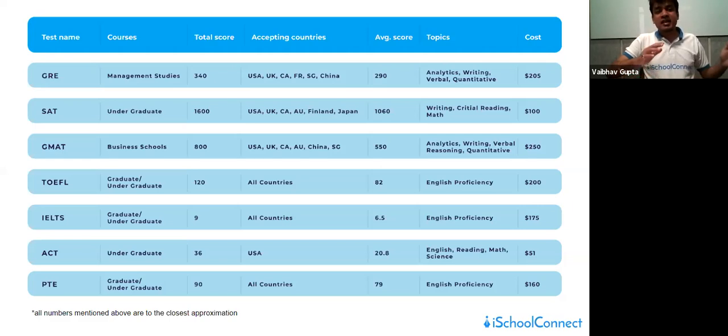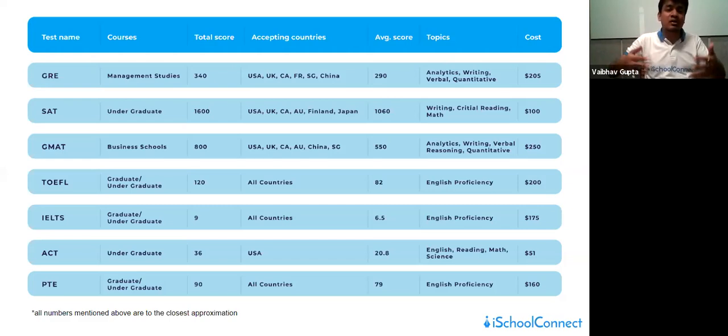So the second category of examinations is the English proficiency tests. Because most of these countries are native English speaking countries, they require us Indians to appear for these English proficiency tests. It is to know that students who are going from India or anywhere, international students, will be receptive to the mode of education.